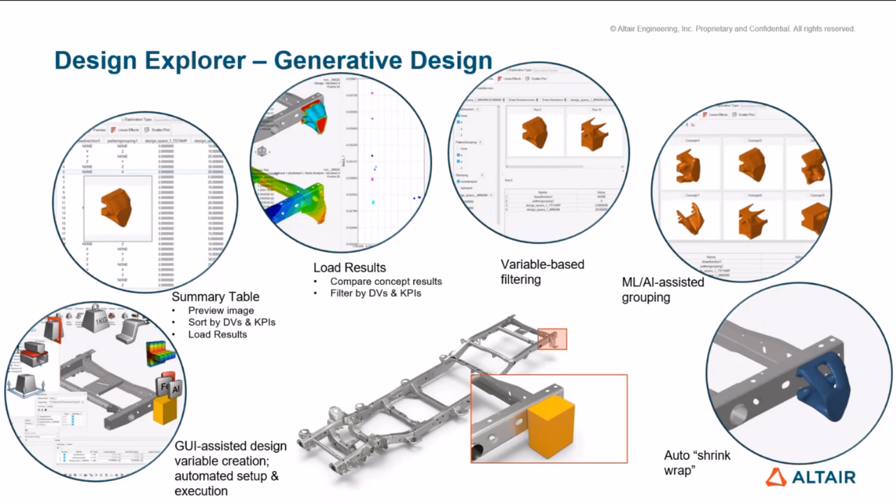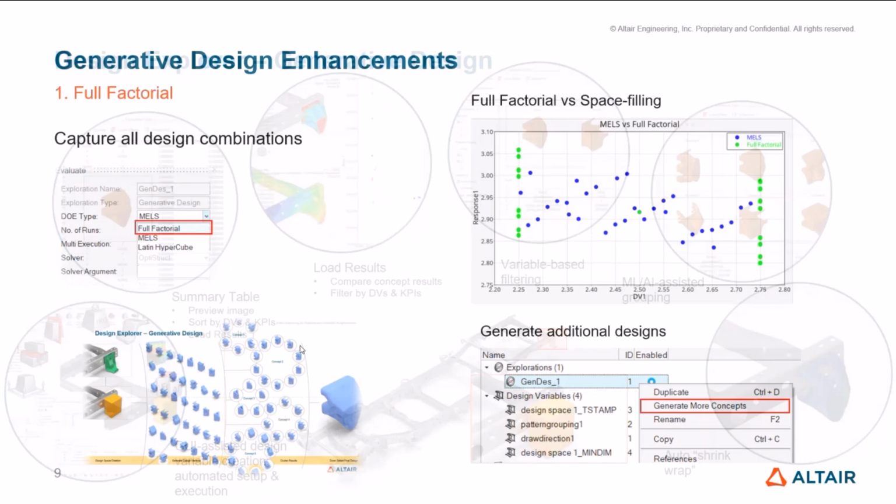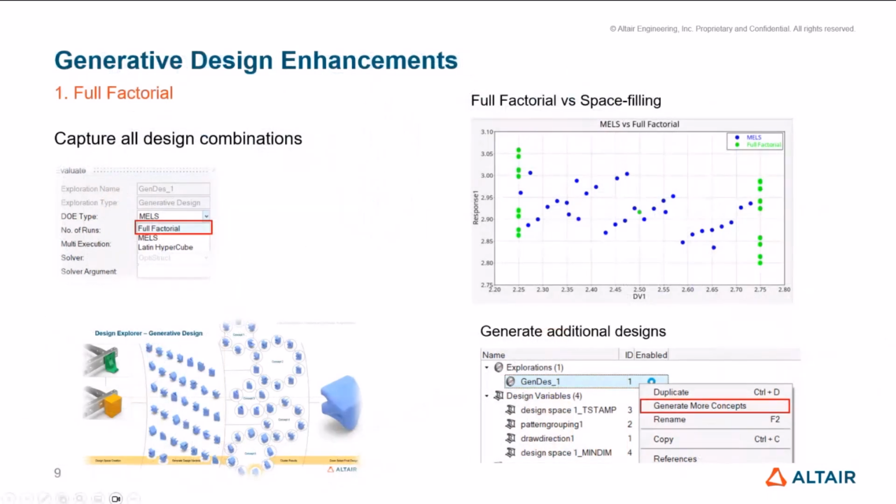It's all very GUI based, using the tools in the ribbon for defining your design variables and responses, and then the other images depict the various tools that I alluded to for reviewing, filtering, and choosing designs of choice. So for 2024.1 and 2025, there have been a handful of enhancements to that workflow.